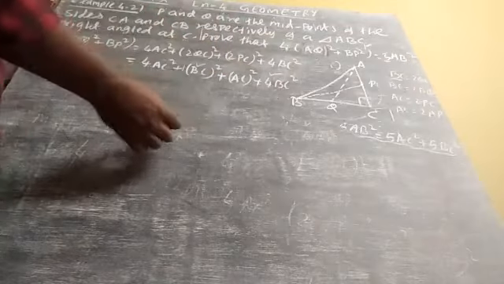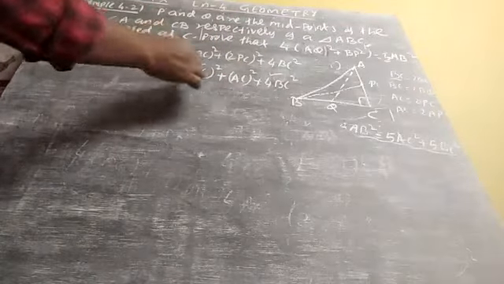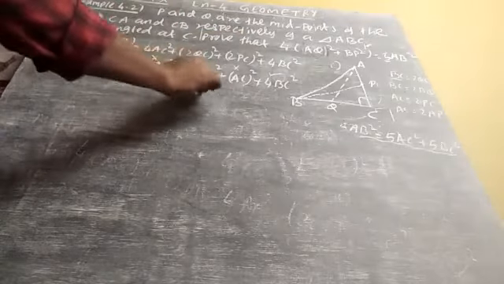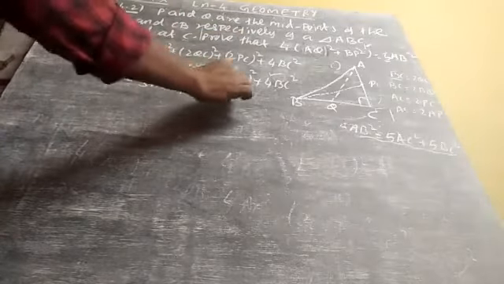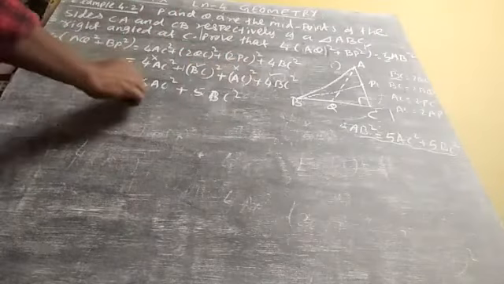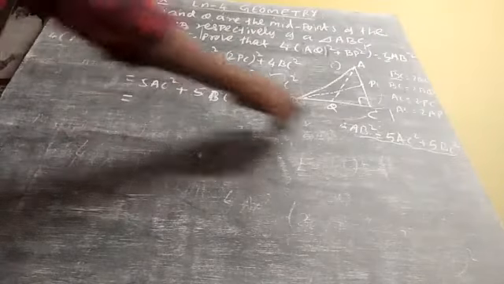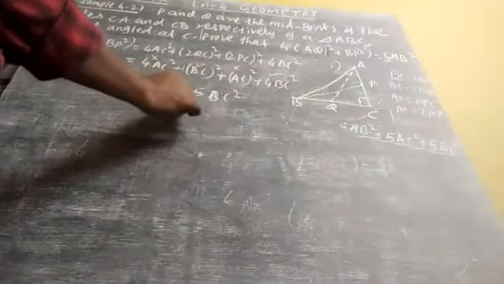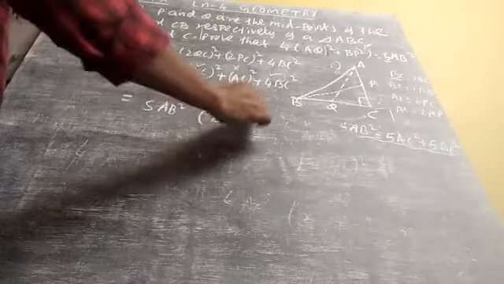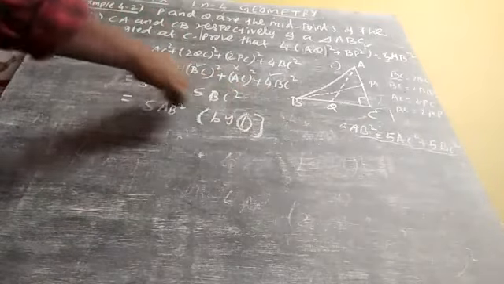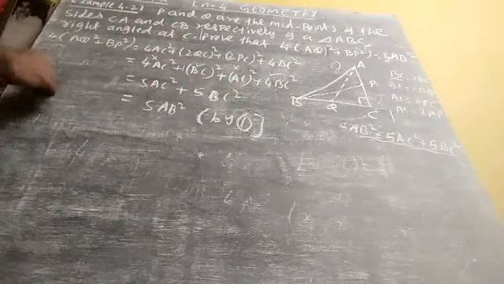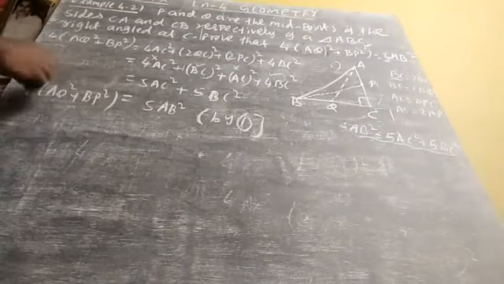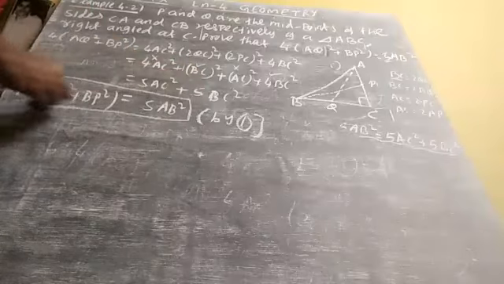Here 4 AC square and 1 AC square, totally 5AC square. So we can write 5AC square plus 5BC square as 5AB square by using equation 1. This side 4(AQ square plus BP square). This is the answer for this question.